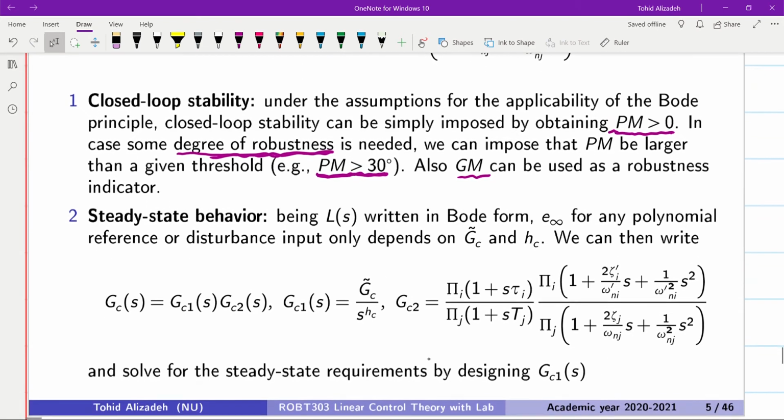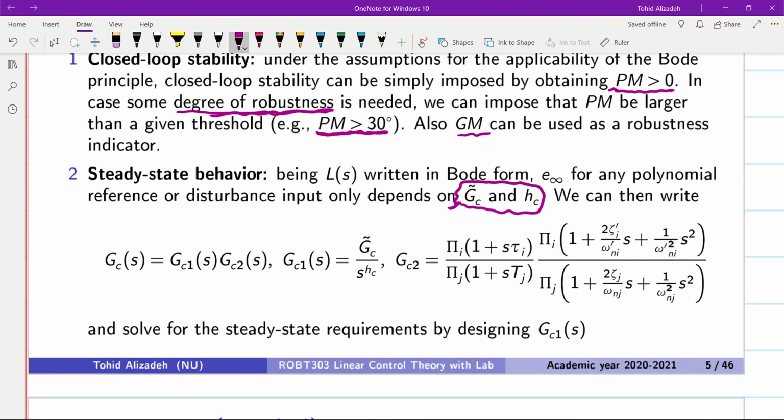In terms of the steady state behavior or steady state error for the polynomial reference or disturbance inputs, we know that it will depend on the generalized gain and the type of the system. So these two will be responsible for the steady state behavior.